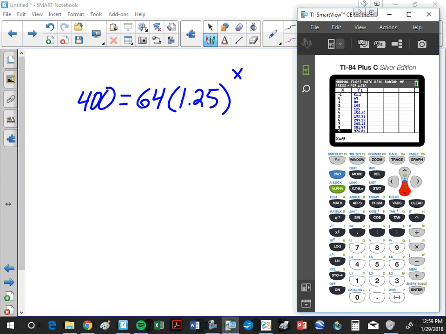Now, the easiest way to try it is to push trace. So I use second table to find about what the answer is, then push trace, and it will graph. Oh, you have to make sure your window is wide enough to capture 8.2.